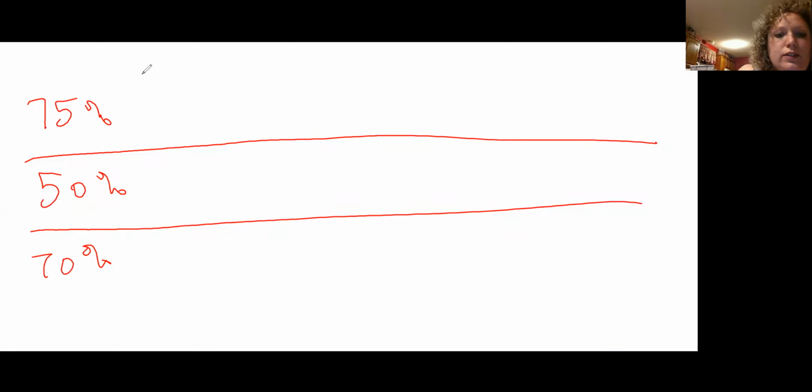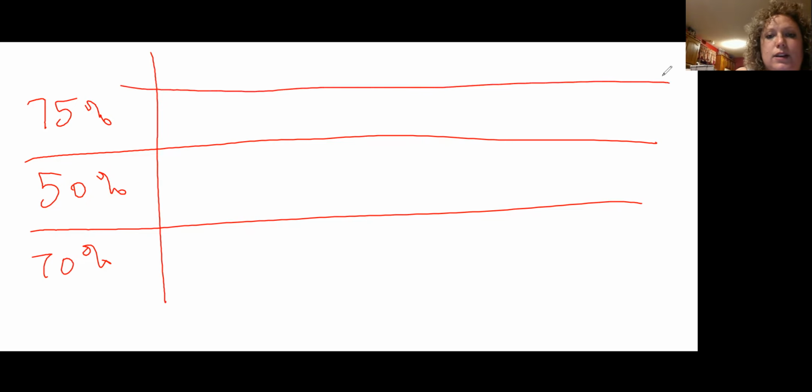Okay, so we've labeled our variables. And then we come back here and we look at the problem. And it talks about 75%, a 50%. We got 1,400 pounds.